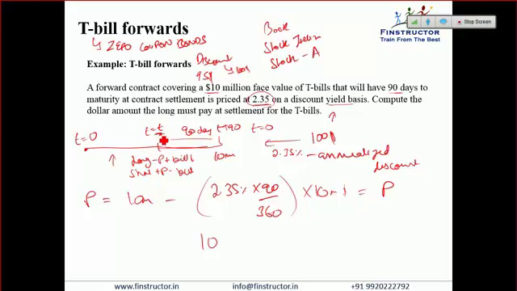At expiration, if interest rates go down, that means they have agreed on a 2.35% discount, but the actual discount may come down, that is interest may come down, or the price may go up and the long position may gain. So the payoff on a T-bill forward will be very similar to the stock forward. It will again depend on the price. The price may be quoted on a discount yield basis, or they could have in the question just given you that the contract settlement is priced at 98.5.